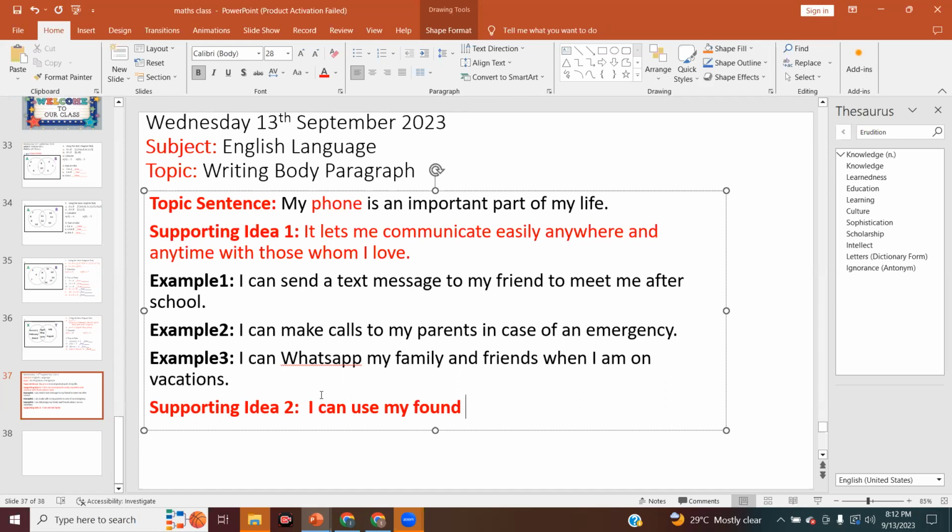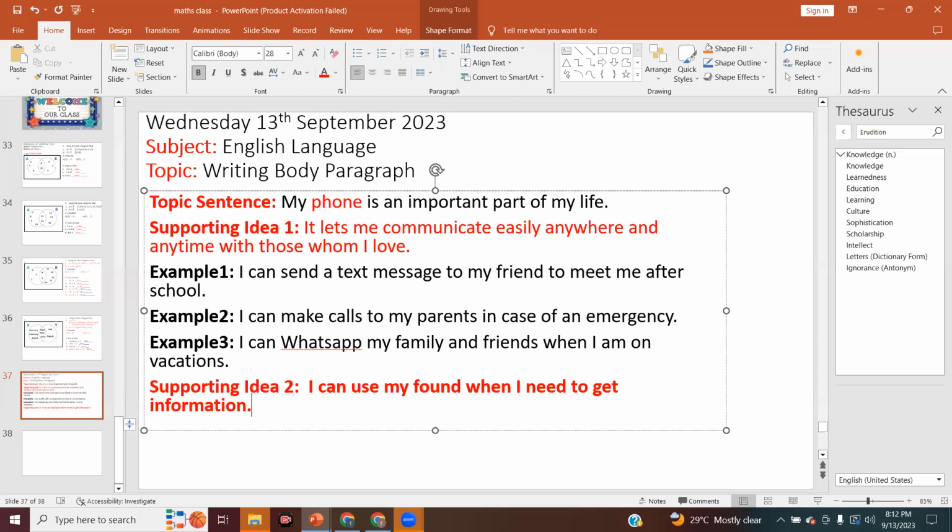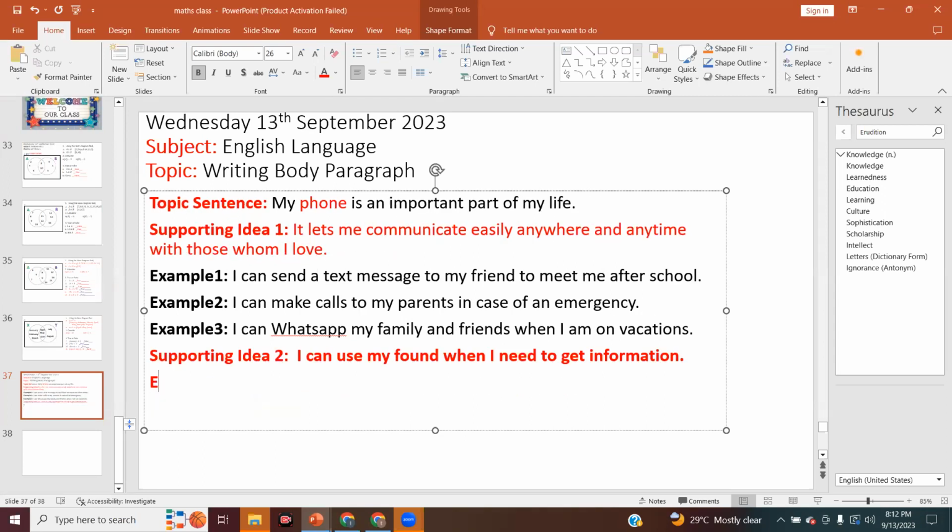So I can use my phone when I need what? To get information, right? Or locate something. Okay, so give me an example. How can we use the phone to get information?